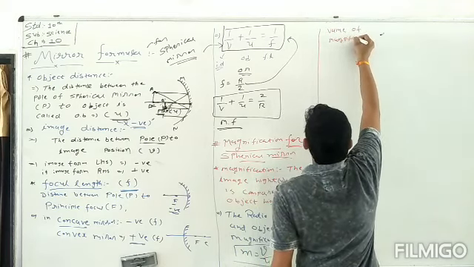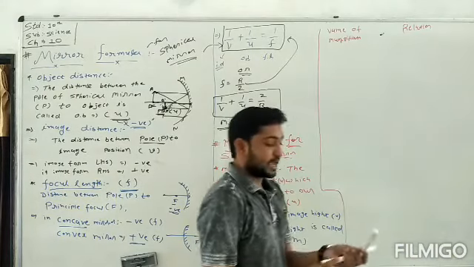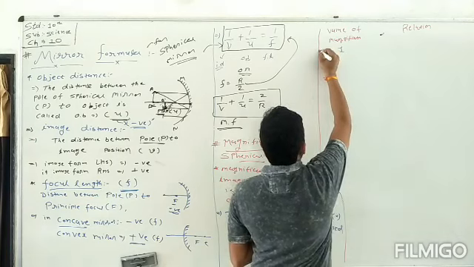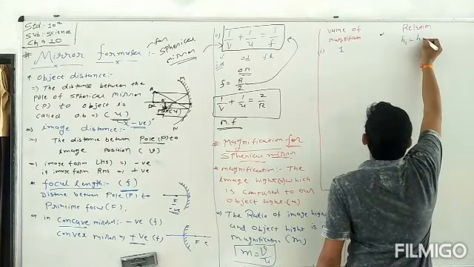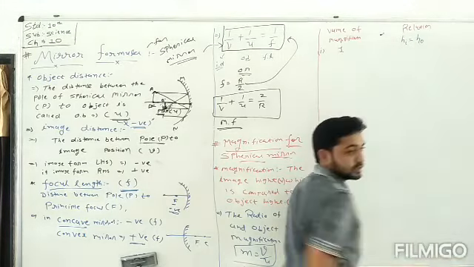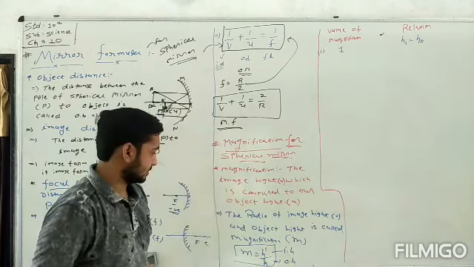If the magnification value is 1, then the height of the image will be equal to the height of the object. For example, if the image height is 5 centimeter and the object height is also 5, then 5 by 5 is 1.